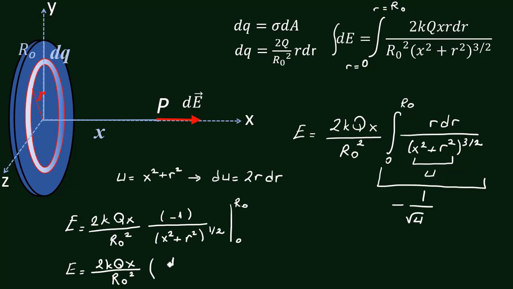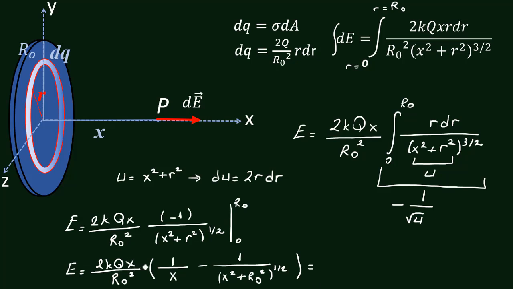So here I'm going to have 1 over x squared to the power 1/2 when I plug in 0 for r, which is just 1 over x, minus 1 over x squared plus r0 squared to the power 1/2.